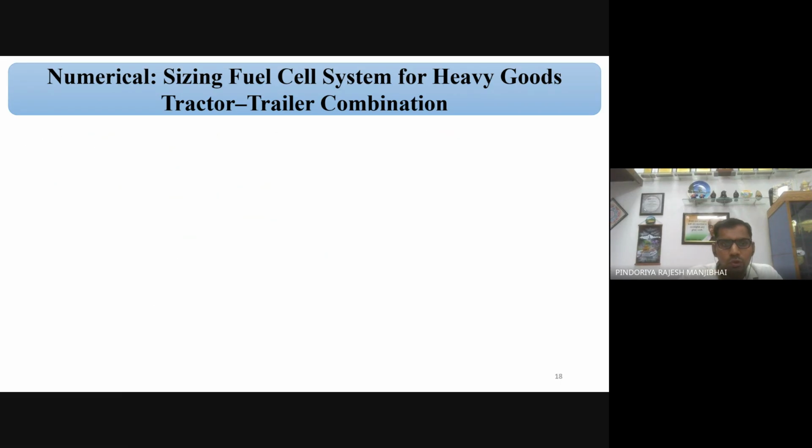Now next one, we have to calculate the input energy carried by hydrogen fuel.